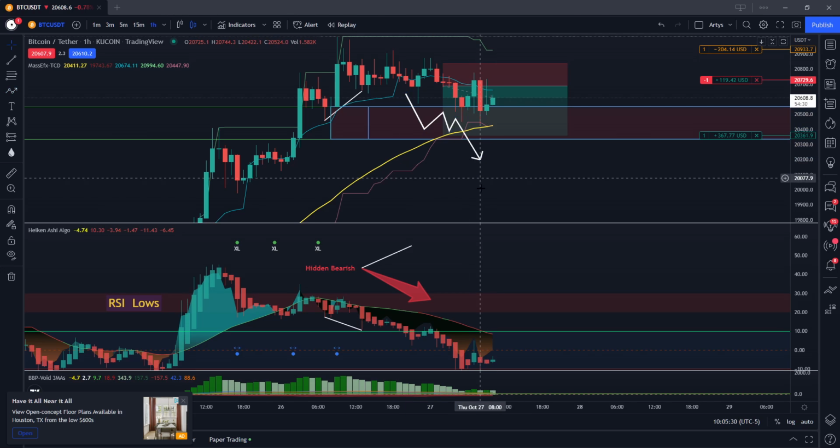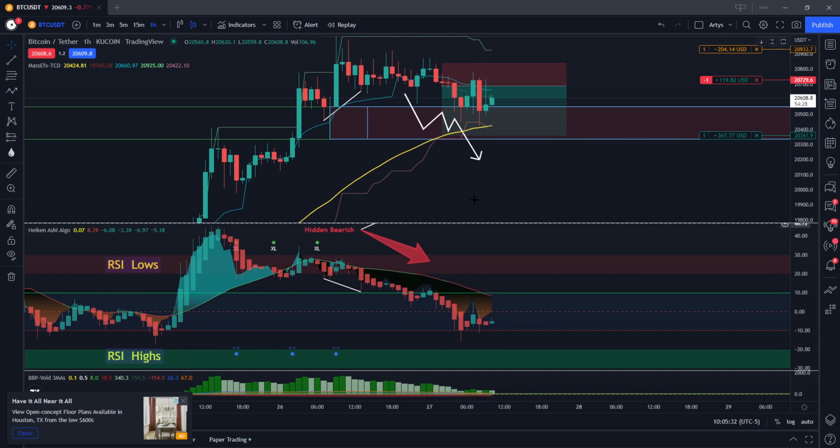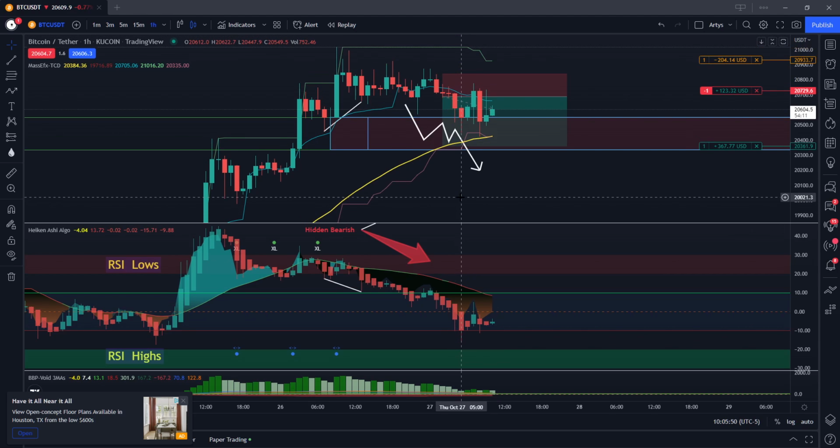In that same moment, what I need is my RSI value to be below 0. RSI has to be below 0, and the Heiken Ashi candle has to close below -10. That is a clear move to the downside. That's what I need to happen.